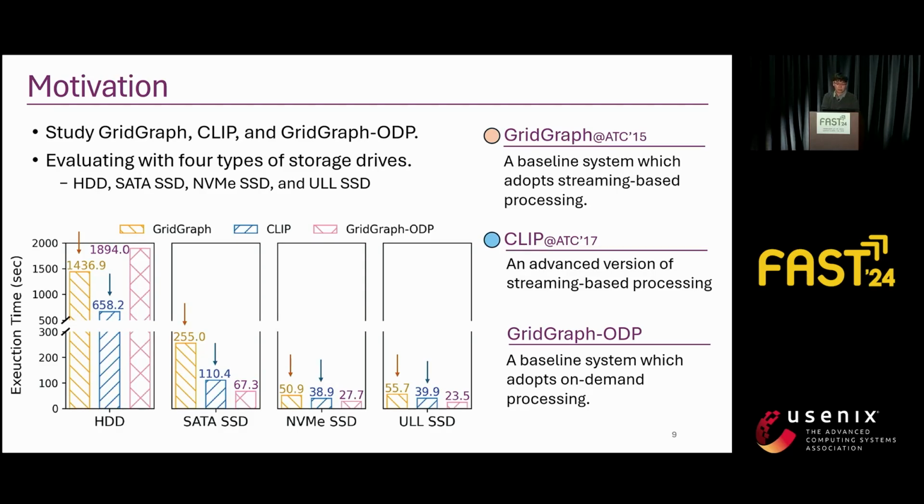This result is not surprising because Clip and GridGraph are pretty similar to some degree, but Clip is an advanced version of GridGraph because it improves the convergence of graph algorithms.